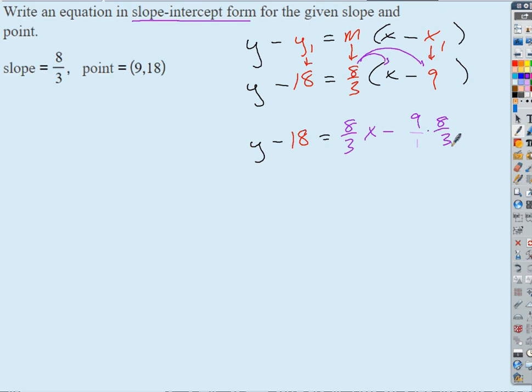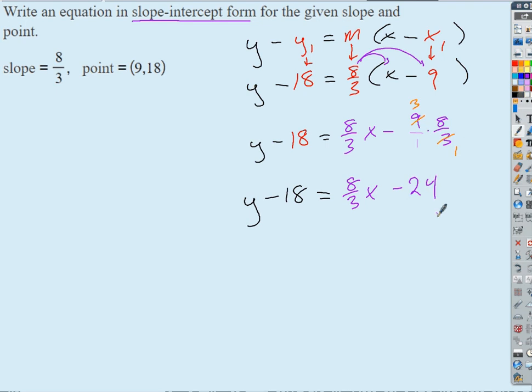Or I could maybe be even a little bit trickier. What could I do here? Cross cancel. When I'm multiplying fractions, I can cross cancel. So that would become a 3 and a 1, right? And then we end up with y minus 18 equals 8/3 x minus 24 over 1. Just 24. Okay.